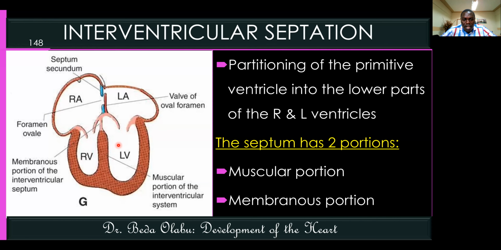So before birth, a VSD will allow right to left shunting of blood. But after birth, blood in the left chambers has higher pressure than blood in the right chambers. We said that in the beginning. So after birth, a VSD will allow left to right shunting of blood. And that's the correct response to the question I've asked you.